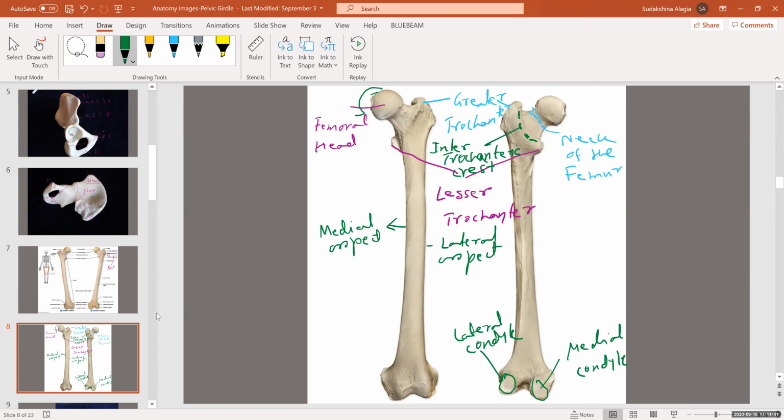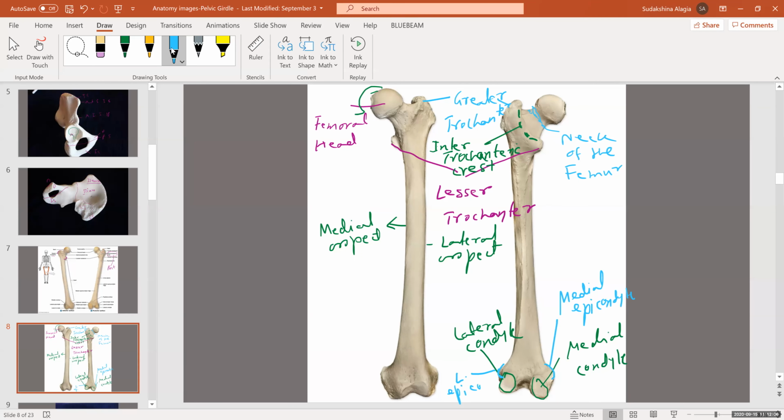Identify the condyle, then you know the epicondyle. Epicondyles are above the condyles. So medial epicondyle right there. Lateral epicondyle.